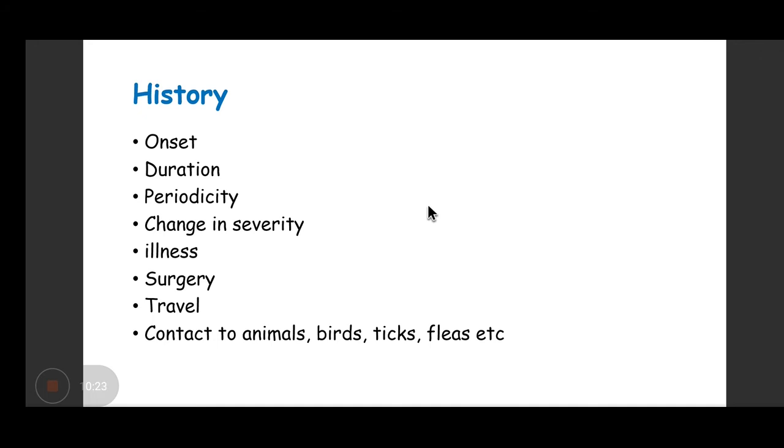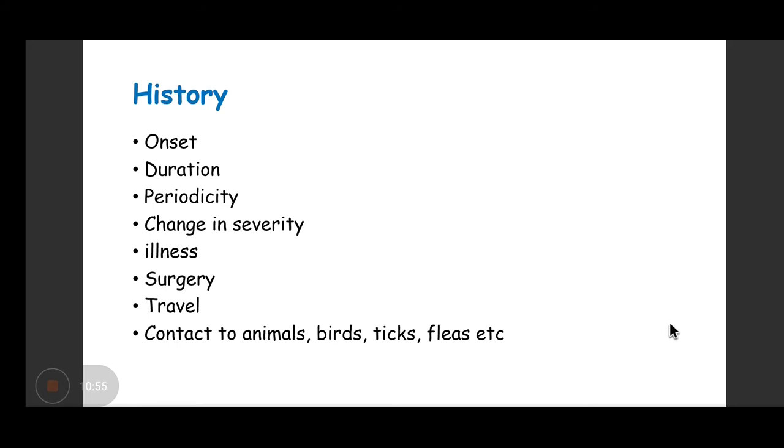Or in typhoid, there is a step ladder pattern of rising fever. So these things can give you a clue about the disease. And surgery: if a patient had a surgery, it can be a surgical site infection, right? And contact with animals, birds, ticks, fleas, etc. So all these histories are important for the diagnosis of your infection.